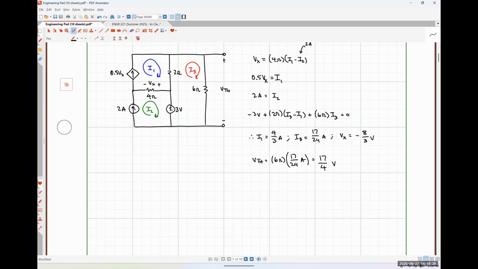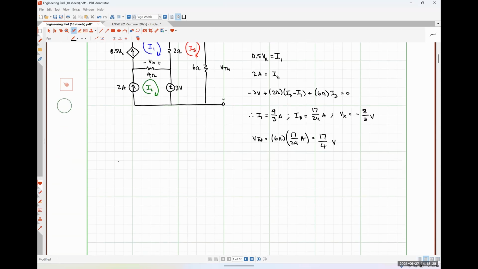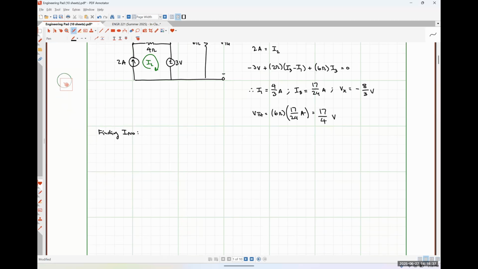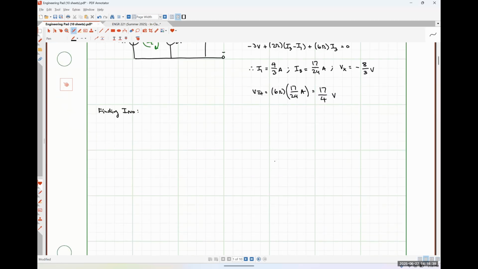All right. So to find our Norton current, we're going to start with our original circuit.